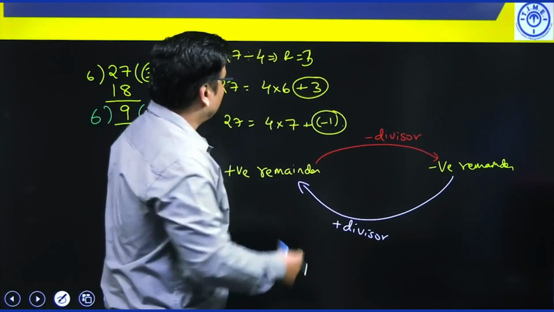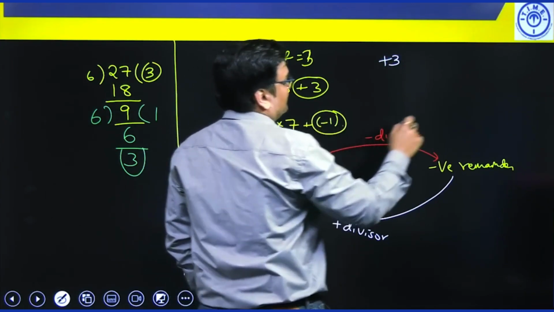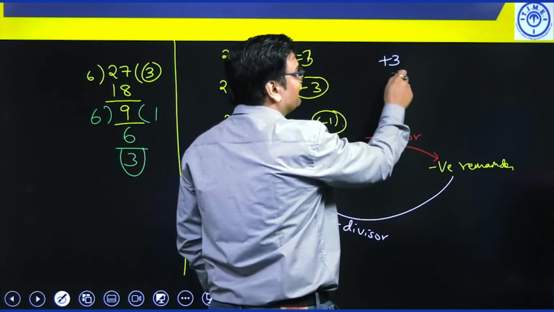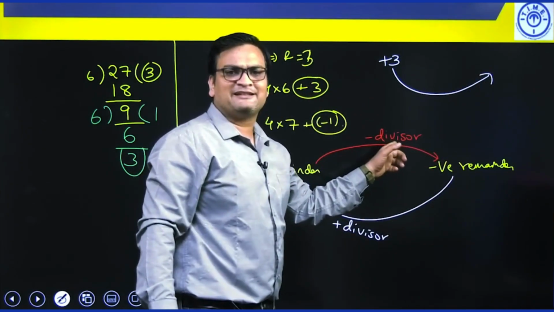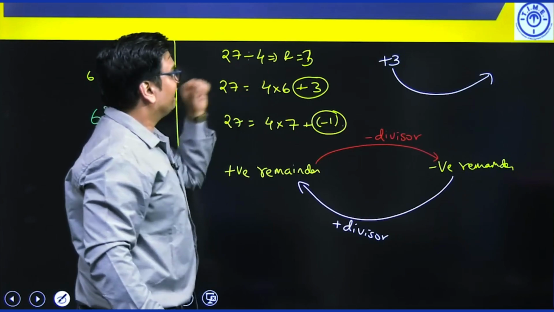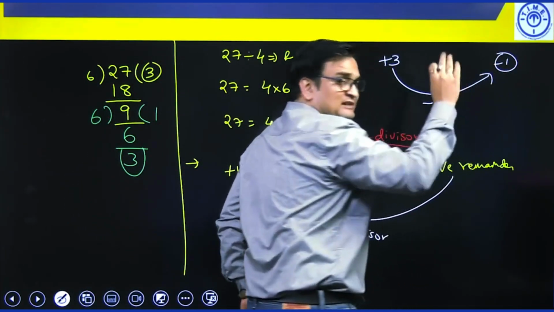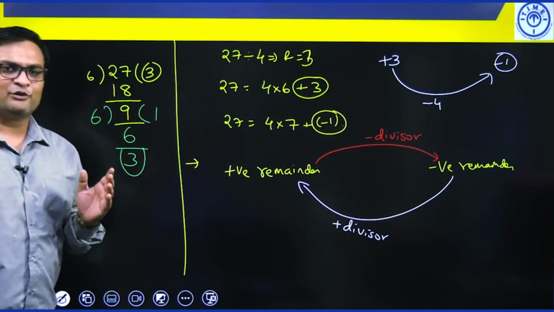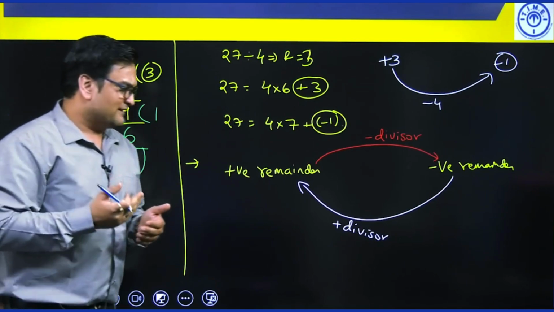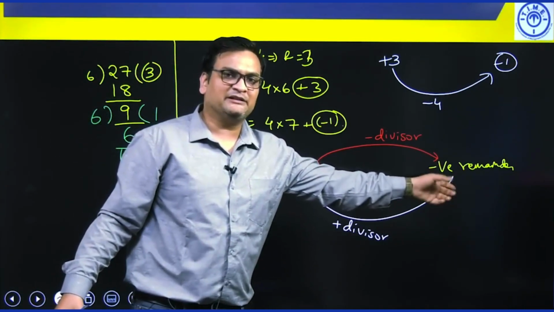As an example, the positive remainder was 3 and negative was minus 1. Now, how do I convert positive to negative? For positive to negative, you need to subtract the divisor. What's the divisor here? 4. You subtract 4 here, plus 3 minus 4 will give you minus 1 as the corresponding negative remainder. So, this way, for your convenience, you can always convert any positive remainder in division to the corresponding negative remainder or vice versa.